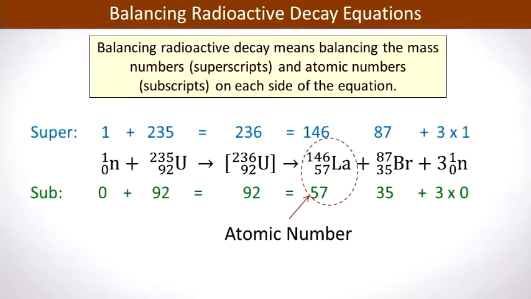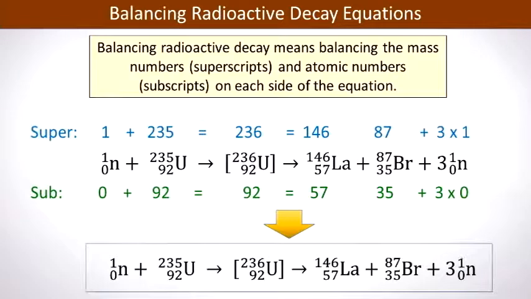And we fill it in here, La, which means we have 146 for the isotope and 57 for the atomic number for lanthanum. That gives us a final balanced equation shown here.